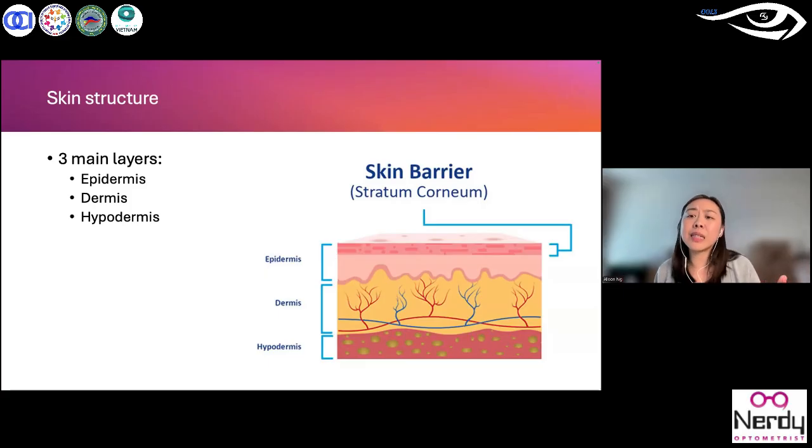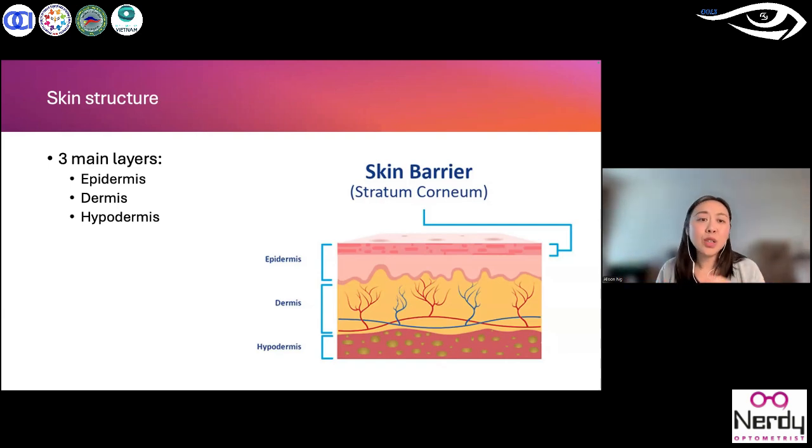And this hyaluronic acid binds a large volume of water, and effectively the dermis is what really makes up the volume of our skin. And within the dermis, we can also see we have blood vessels here as well, and these dilate and constrict to manage our body temperature, and it also helps transport different nutrients. And within this layer, we also have cells like fibroblasts and mast cells, and these also respond then to things like inflammation and wound healing.